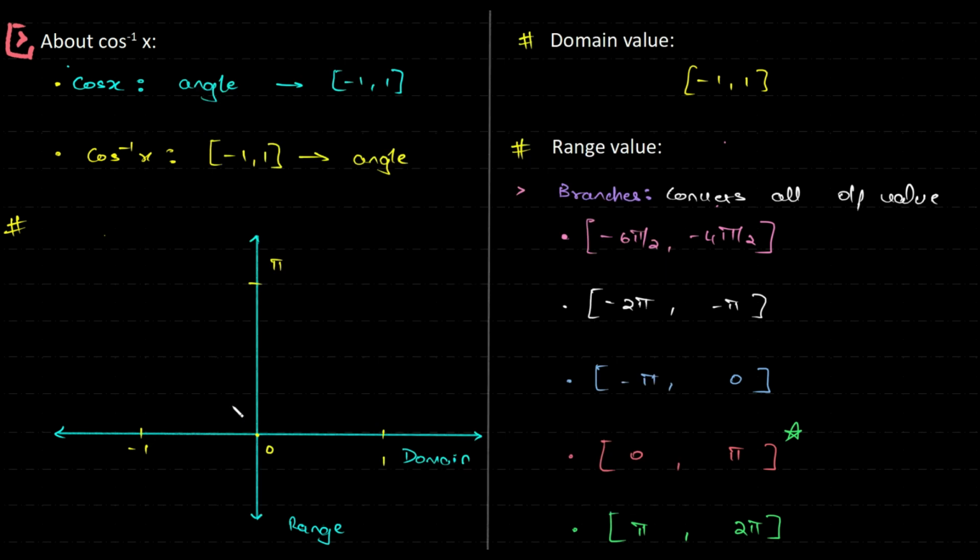So when I have 0, it is 1. So basically it starts over here and ends over here in a waveform, something like this.